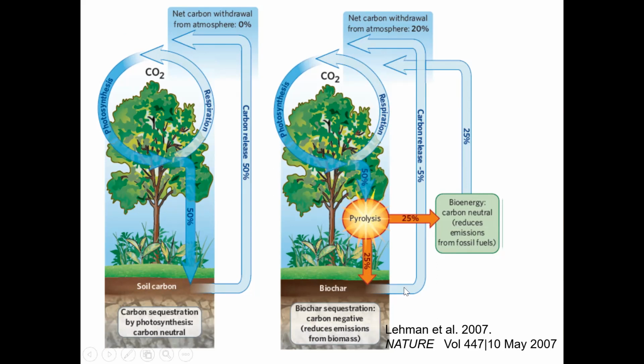And there would be a feedback where this black carbon or charcoal helps to build soil faster than it otherwise would. So he proposed that detritus that undergoes pyrolysis or gets converted to black carbon would be more persistent, and it would help to build more soil, releasing less carbon dioxide to the atmosphere.